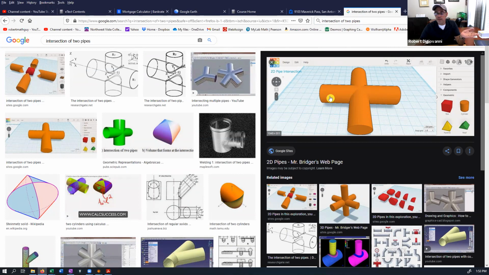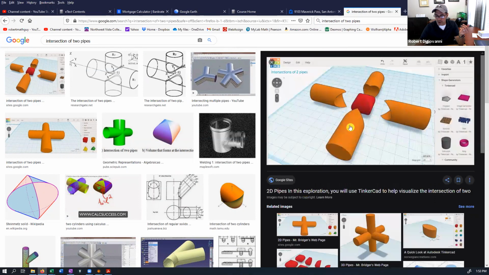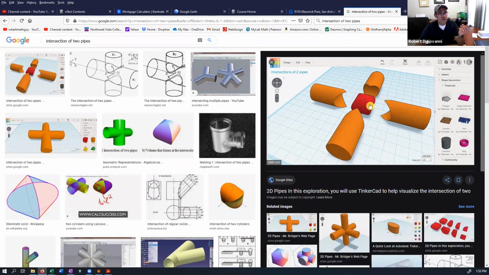But the fact that they intersect means that there's some region inside of them that they share, and so you can't count that. If you do the volume of each pipe separately and then add the 2, you've double counted what they have in common.